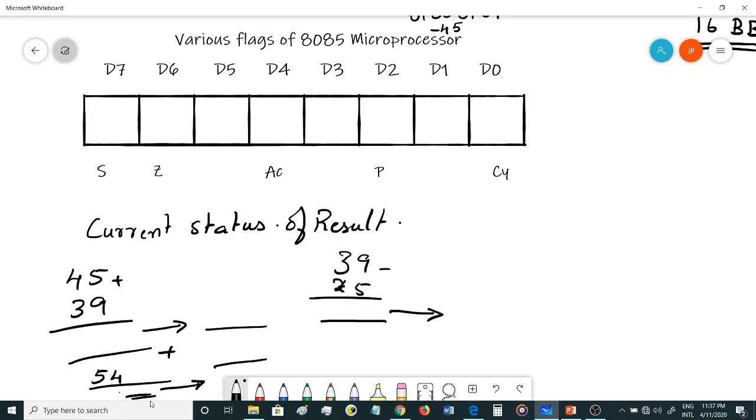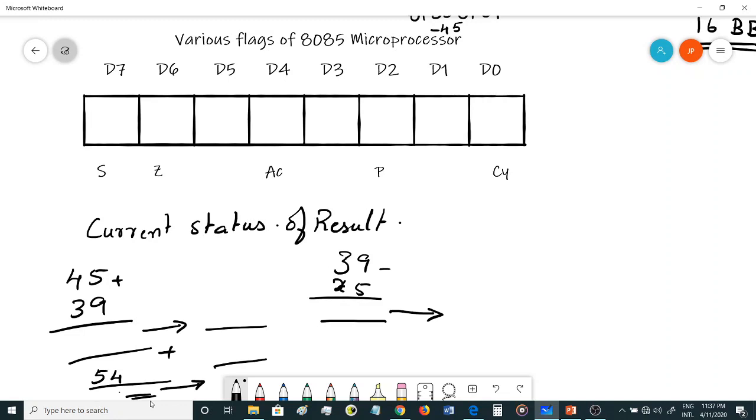Now status means what? Status of your result means, let's say, whether there is a carry out from your result. When you added two 8-bit numbers, did you get a result with 9 bits?